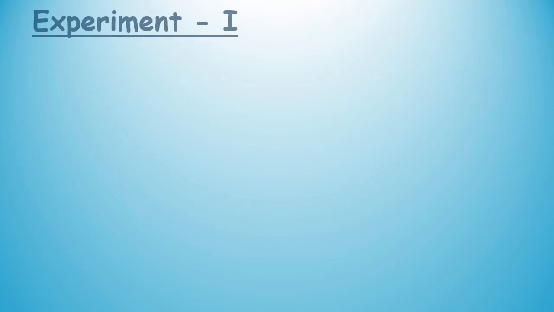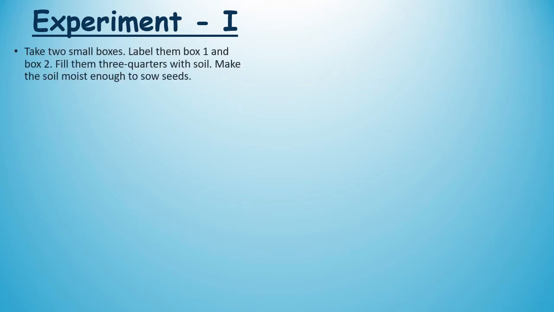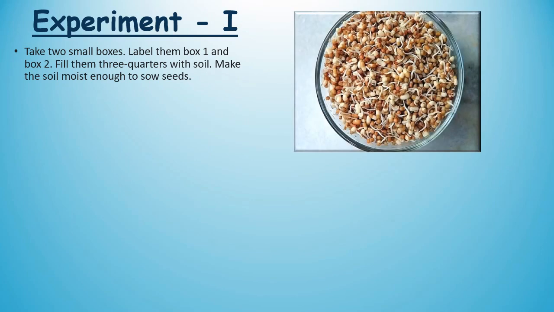Experiment 1. Students, try this experiment at home. It's very easy and simple. What do you need? Let's see. Take two small boxes. Label them box 1 and box 2. Fill them 3/4 with soil. Make the soil moist enough to sow seeds.